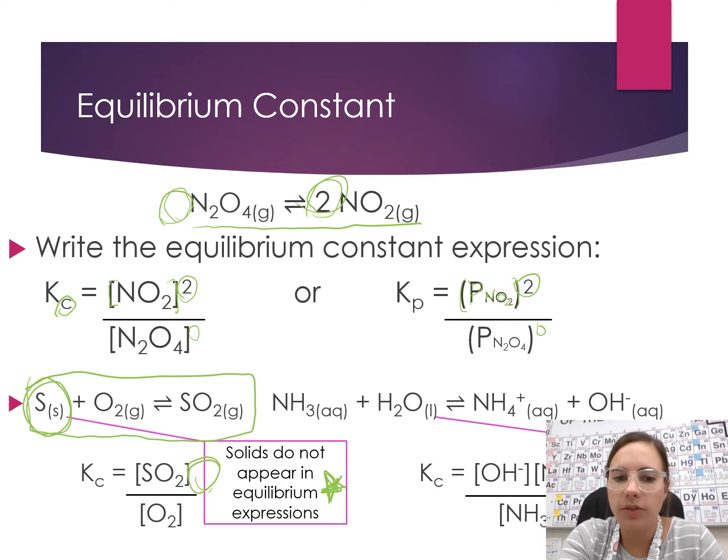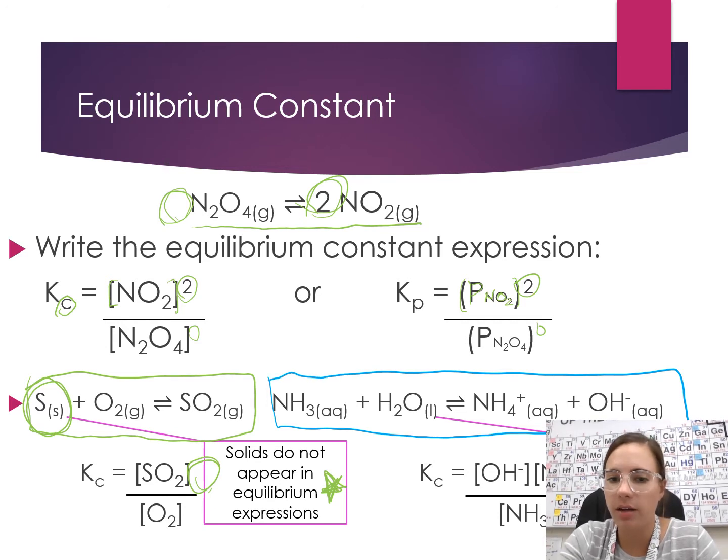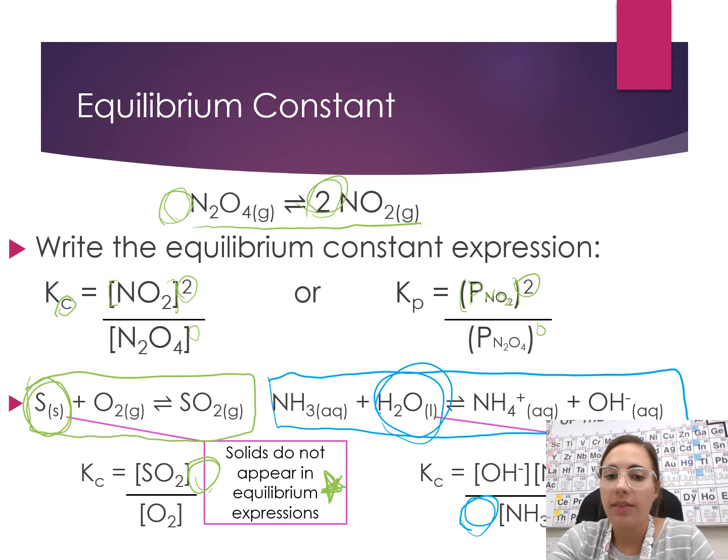Same thing for this example over here. We have ammonia plus water making ammonium and hydroxide. You will notice I am missing the H2O. It is nowhere in my denominator. That's because liquids do not appear in the equilibrium expression, because you can't have a concentration or a partial pressure of a pure liquid.